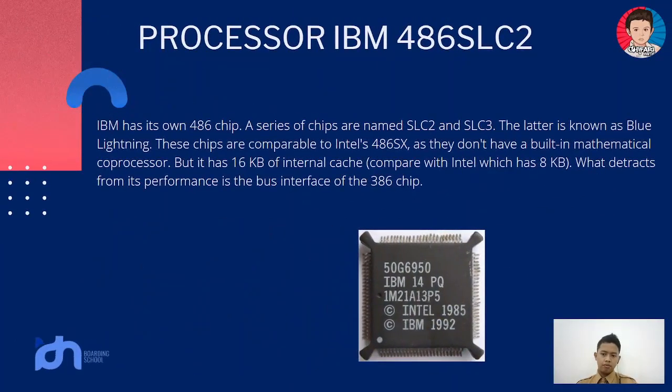And next, processor IBM has its own 486 chips. A series of chips are named SLC2 and SLC3. The latter is known as Blue Lightning.